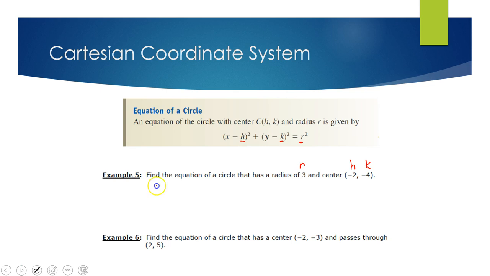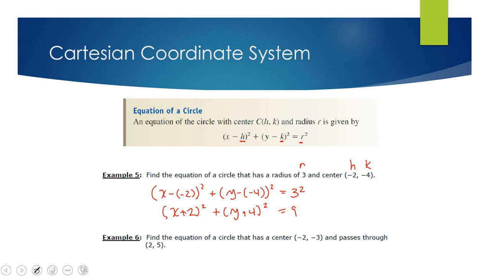When I start writing the equation of the circle, I'm going to have x minus -2 squared plus y minus 4 squared equaling r, which is 3 squared. Inside the parentheses, I'm subtracting negatives, so I end up with x plus 2 squared plus y plus 4 squared equaling 9. And that's the equation of the circle being described there.